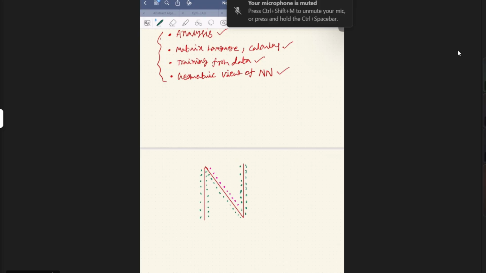Okay, maybe I will keep the pink points inside. Much complexity I'm adding. So how does a neural network separate this pink and green? This is a complex version. If we keep the pink points this side, that is quite easy.